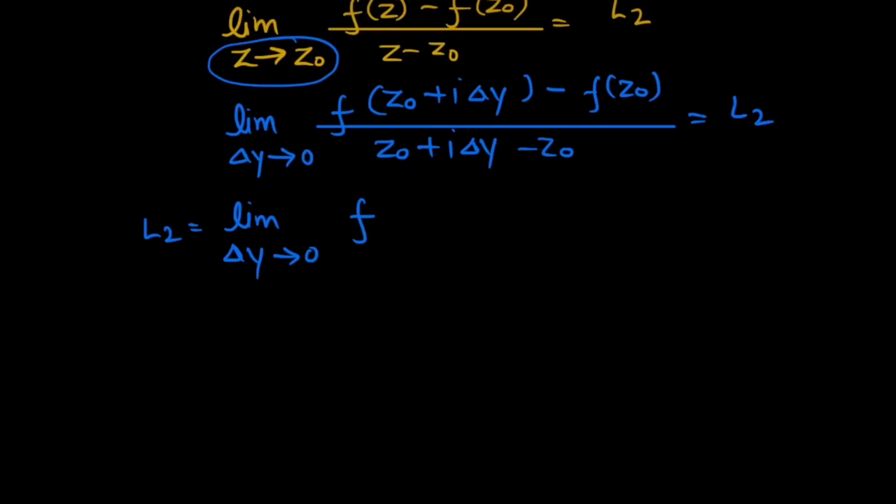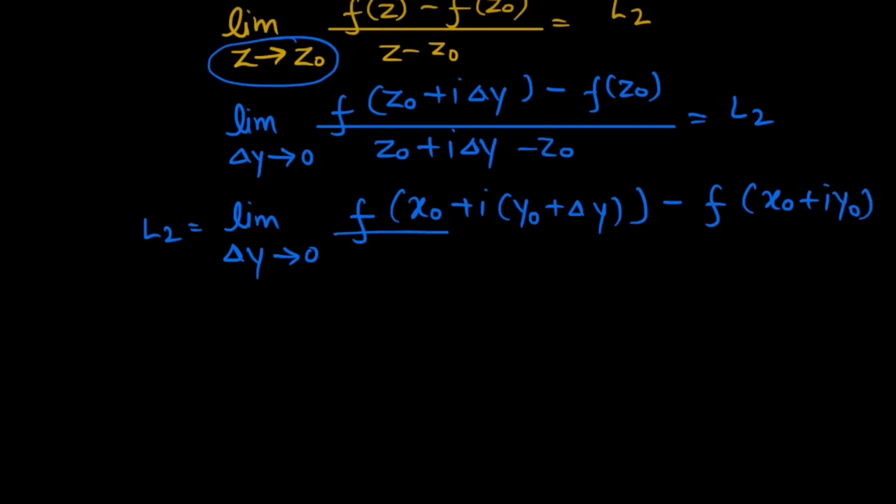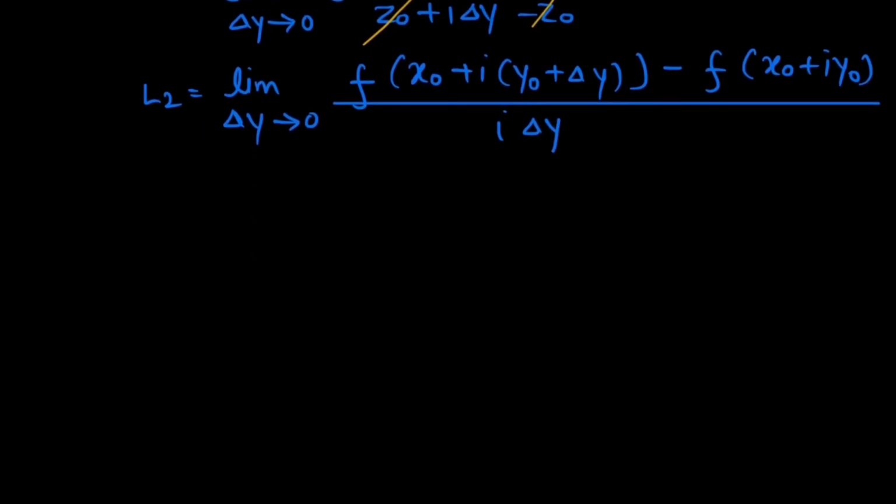So z naught is x naught plus iota y naught. So we have f of x naught plus iota y naught plus delta y, minus f of z naught, which is x naught plus iota y naught, and in the denominator we can see this z naught cancels out, so we have iota delta y. Okay, now let's write this equation in form of u and v.